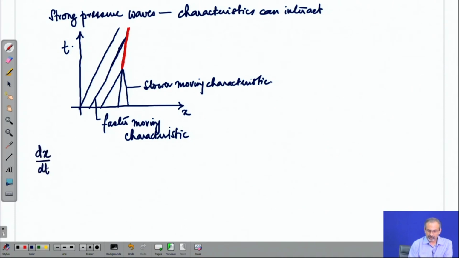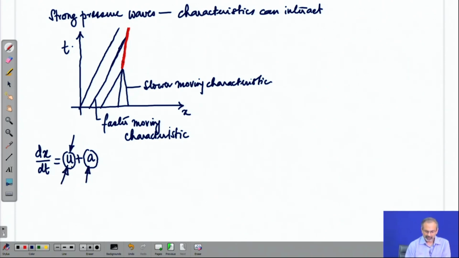When we talk about strong pressure waves, the presence of high pressure gradients within the flow also induce a flow velocity in the bulk sense, and in such a situation the dx dt of the characteristic waves are not only influenced by the value of A, that is the sonic speed, but also by the local flow velocity.